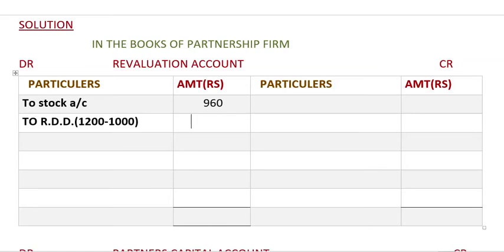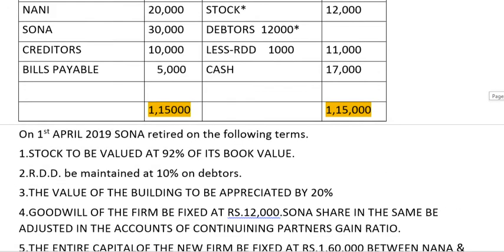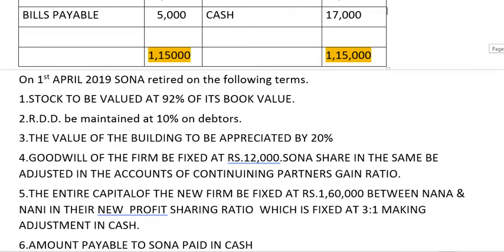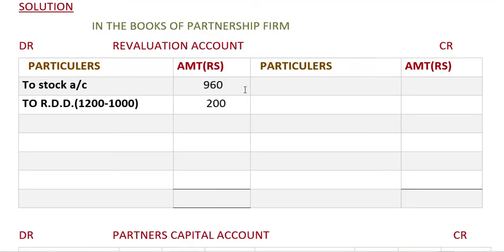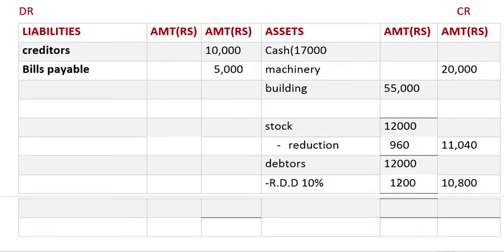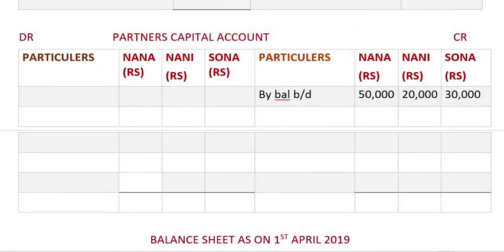How did I make this calculation? See over here in the balance sheet already 1,000 RDD is there, so that's why while doing the second posting I did 1,200 minus 1,000. From where did I get this 1,200? We calculated it over here.